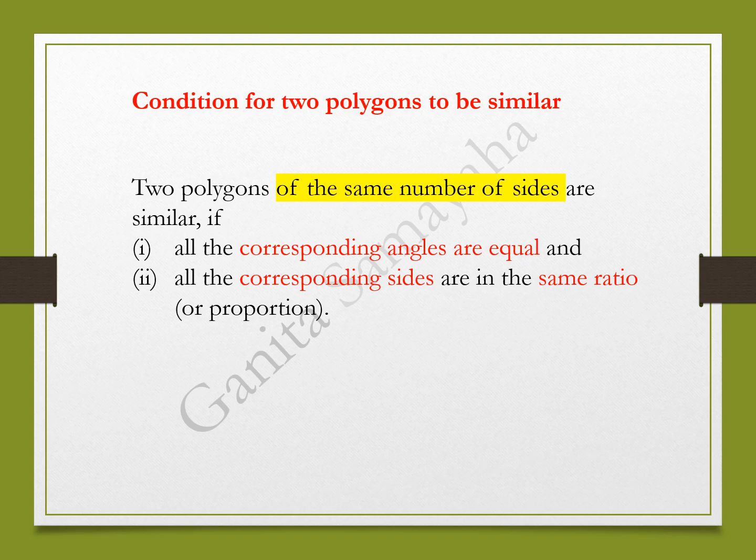So these are the two conditions that we should look for whenever we are asked to find if any two polygons are similar or not. Is it clear, children? Shall we try to explore how the two conditions can be understood in any two quadrilaterals?